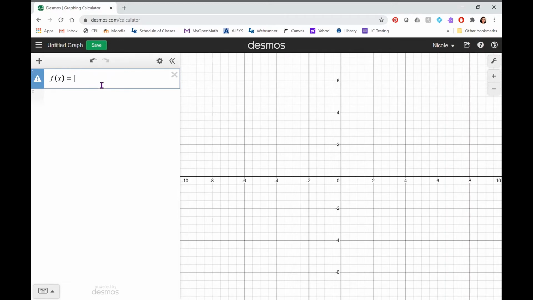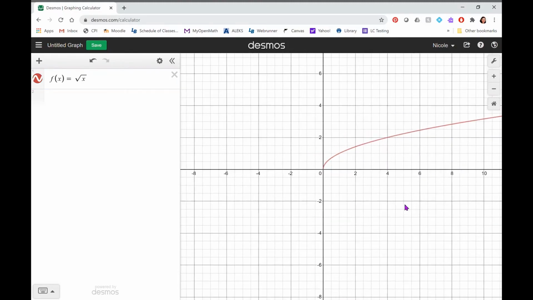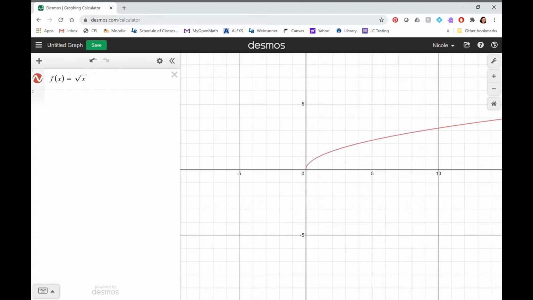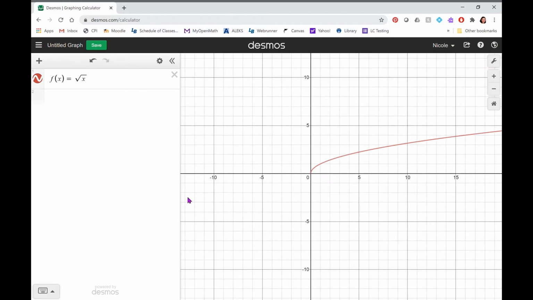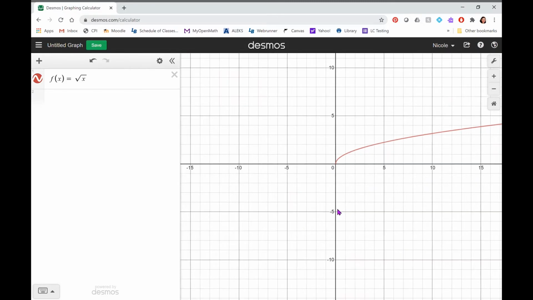To do square root, you just start typing SQRT x. And you can see over here on the side is the graph of square root of x. You can move it around with your mouse, you can zoom in and out using touchscreen controls, however you want to do it. You can scroll the mouse button. It's a really great graphing tool.